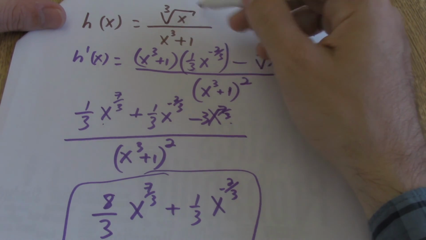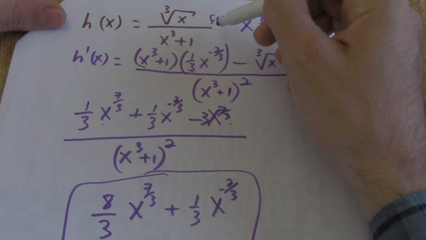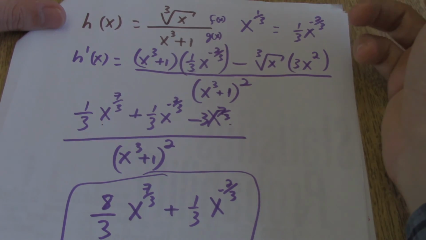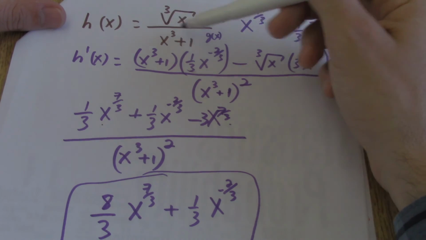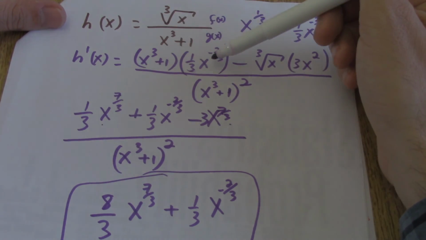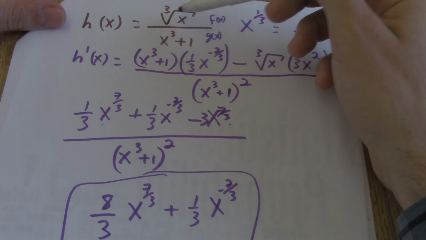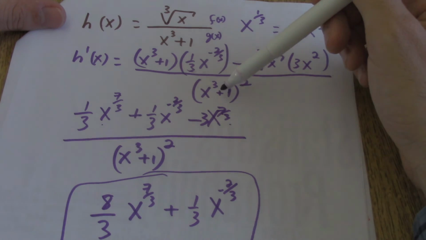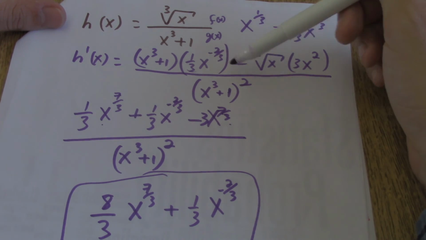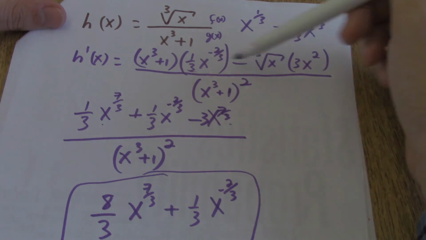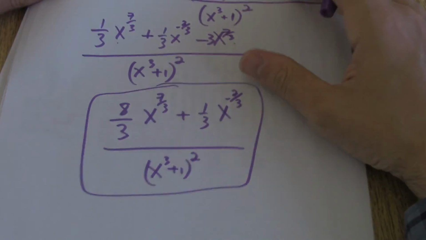Some books put f of x on top and g of x on the bottom, but if it's vice versa, it would be the same. It's better to understand that it is the bottom times the derivative of the top minus the top times the derivative of the bottom, divided by the bottom squared. Okay, and then you do the distributive property, you work with the like terms, and then you get that answer.